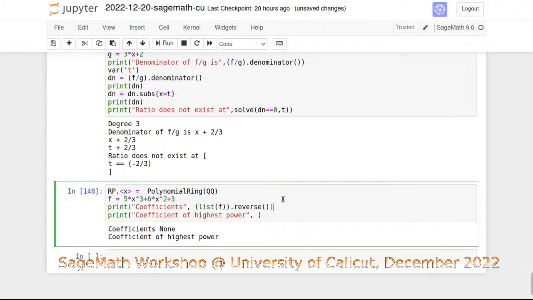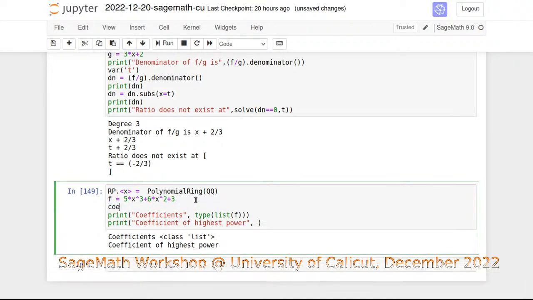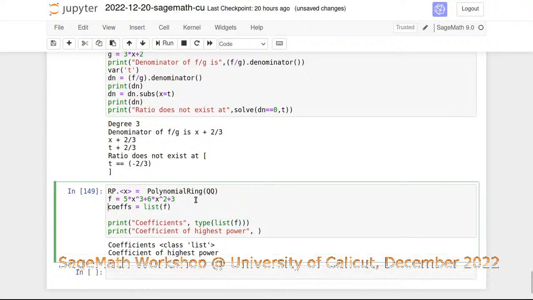Okay, what is this type first of all? Is this a valid list? Yes, it is a list. Okay, let me do another thing. Let us take coefficients. Maybe this is not working because I'm taking it as a list.